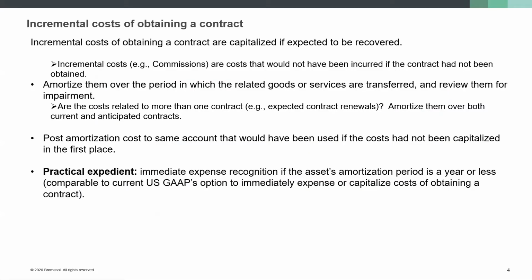When you talk about the incremental cost of obtaining a contract, let me give you a quick example. If I am providing you a service or good, and as a result of that, I sign a contract with you, usually in some form or fashion, there might have been a salesperson involved. And usually there's a commission to be paid because that contract is now signed.